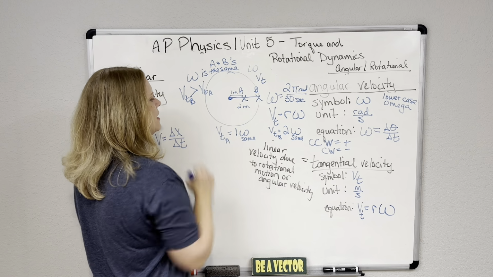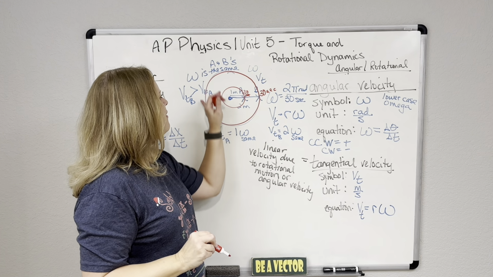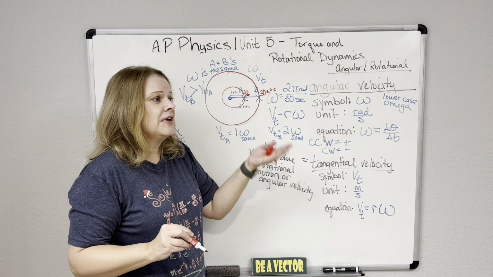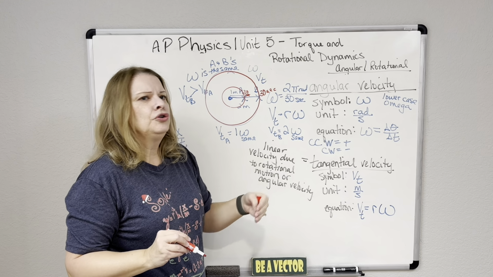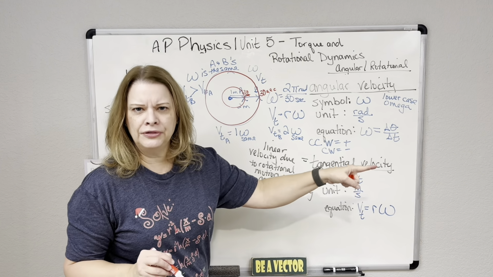Why is that? Let's think about it. If they're both getting around 2 pi radians in 30 seconds, that means B has to go all the way around in 30 seconds, and A just has to go there in 30 seconds. So B has a lot farther path to travel in the same amount of time. It'd be like if I asked you to go to your kitchen in 30 seconds, and then to the end of the block in 30 seconds.